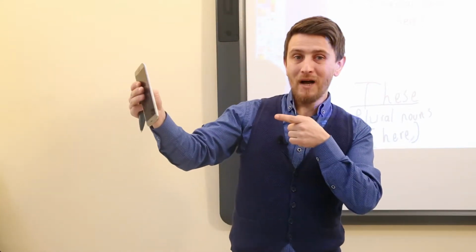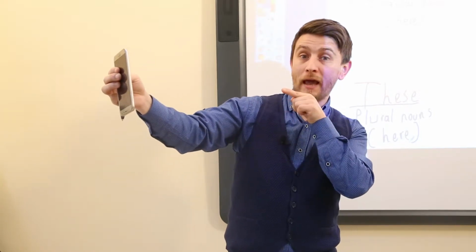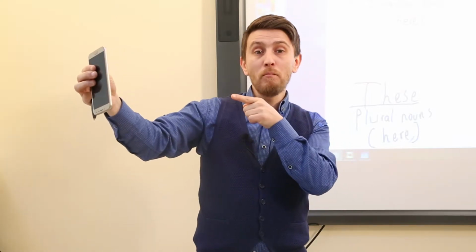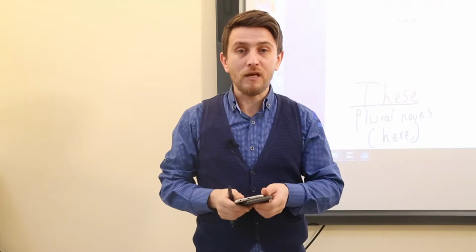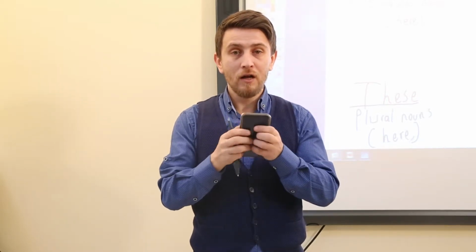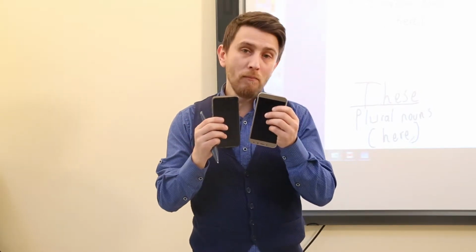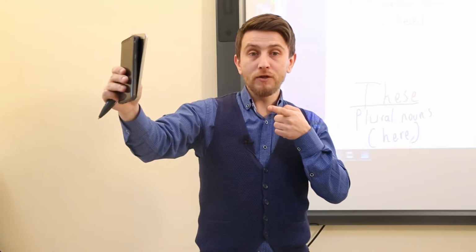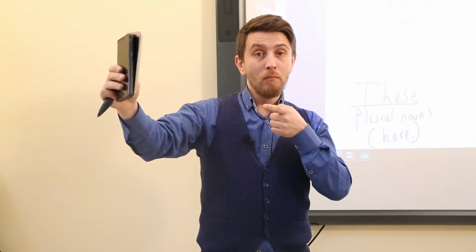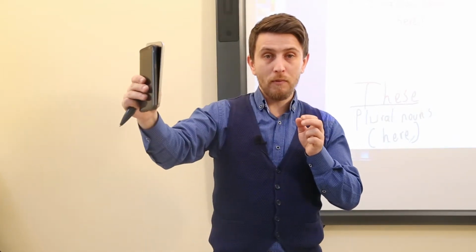Now, what's that? It's there and a singular noun. That's a mobile phone. For plural nouns, we use these when they are here. What are these? These are mobile phones. When they are there, what are those? Those are mobile phones.